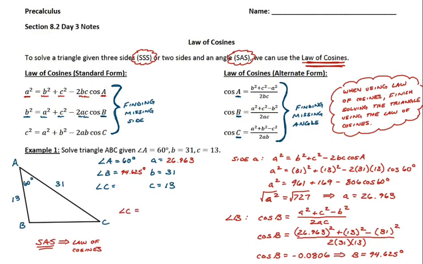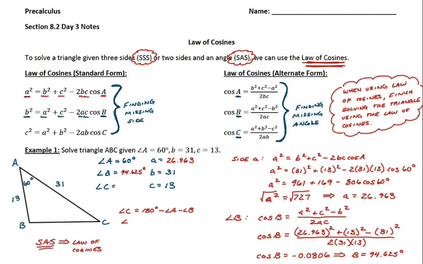So having found angle B, I would take 94.625, put it in my chart there, and then if I want to find the last angle, I'm just going to use the fact that they should all add up to 180. I'm not going to create another law of cosines setup. The easiest way is just to subtract those two angles from 180.